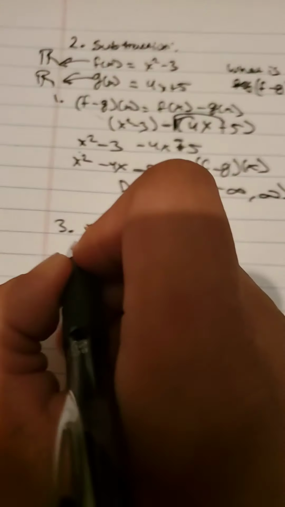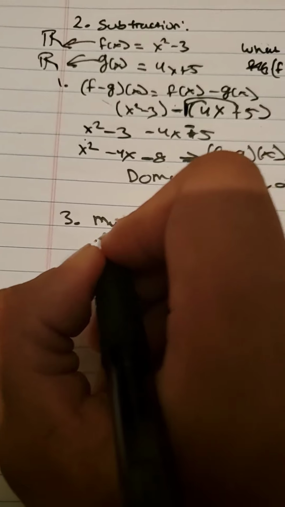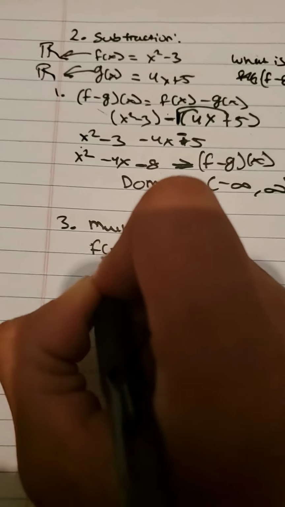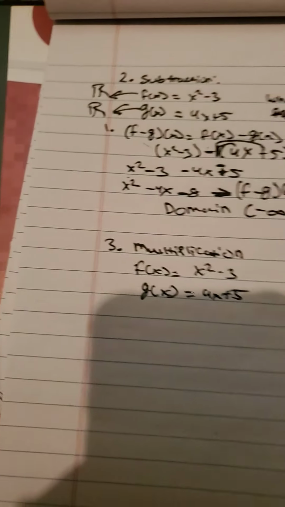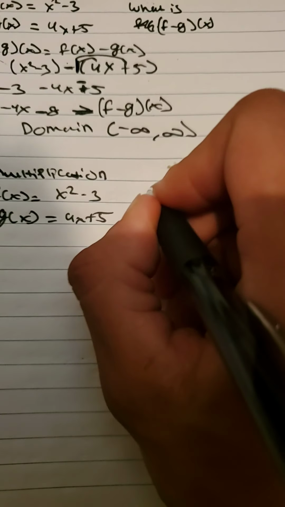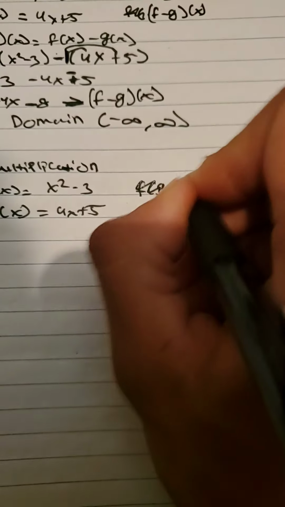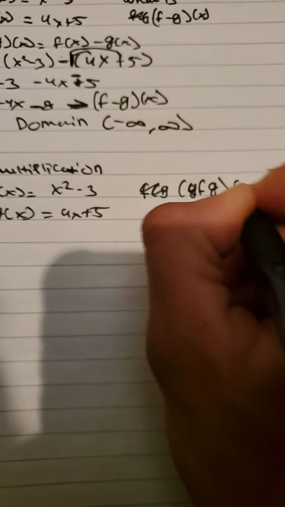Okay. So using the same examples too. Right, f of x is equal to x squared minus 3, g of x is equal to 4x plus 5. I always write that f times g of x is equal to what?